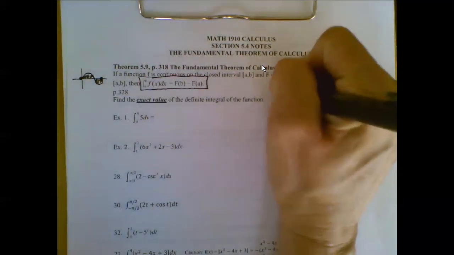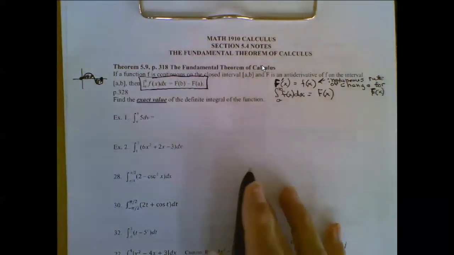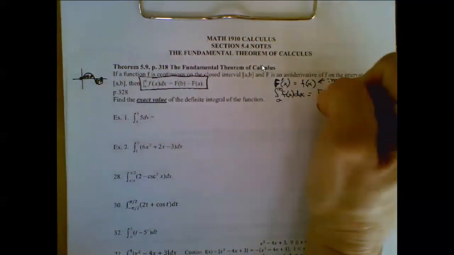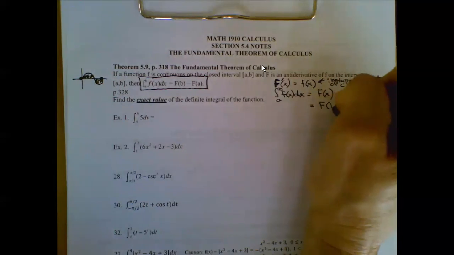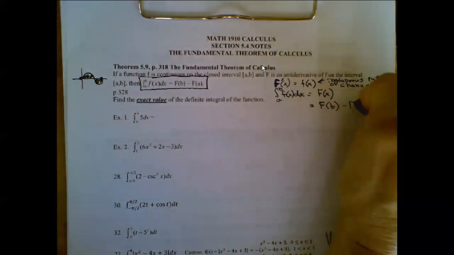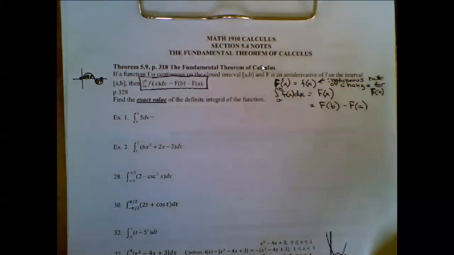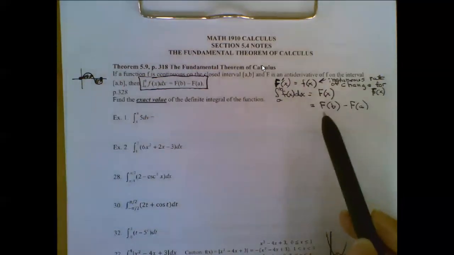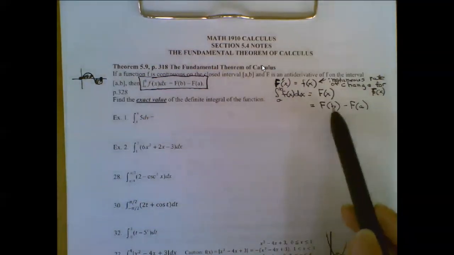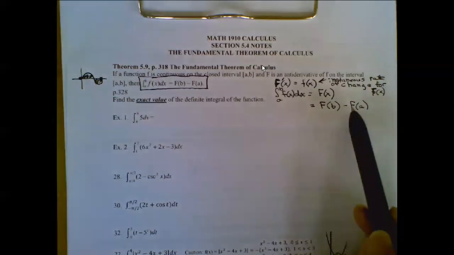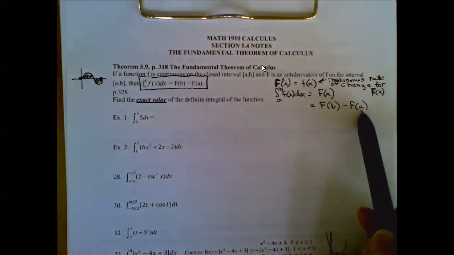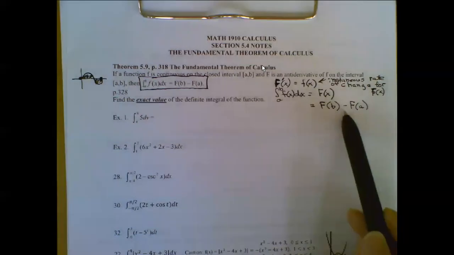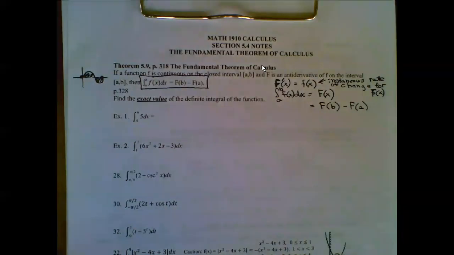Let me put from A to B on here. Evaluating the original function at B and evaluating the original function at A, and then subtracting those two values. Ivy, that still wasn't great.